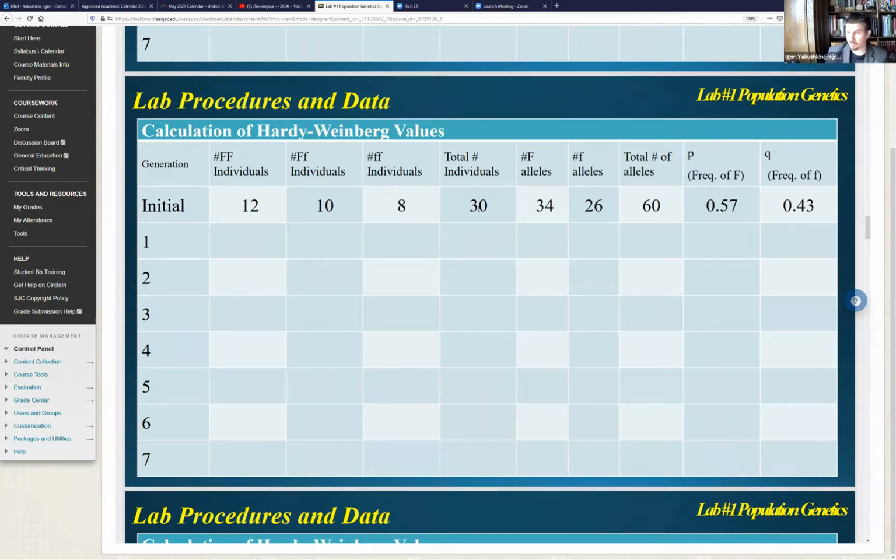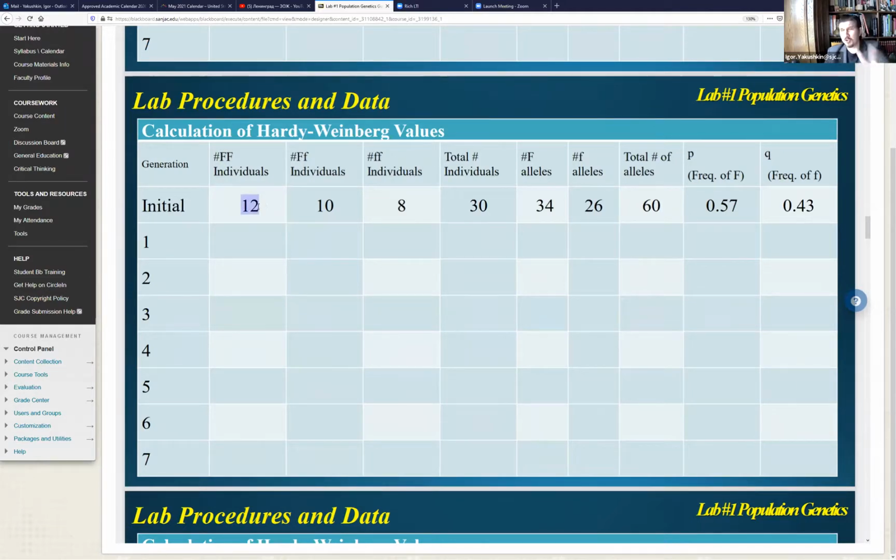Now, this is where it gets a little bit confusing, guys. Just a little bit. Total number of capital F alleles is 34. How? Look at those individuals, that column. There are 12 individuals.